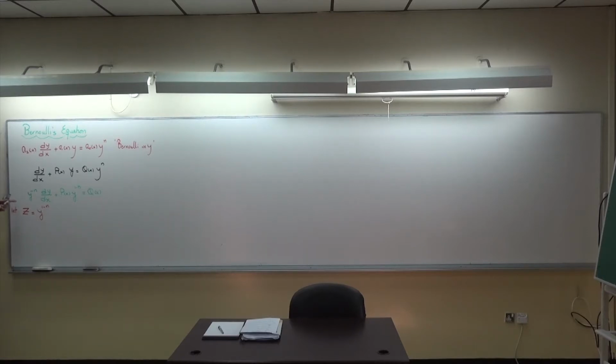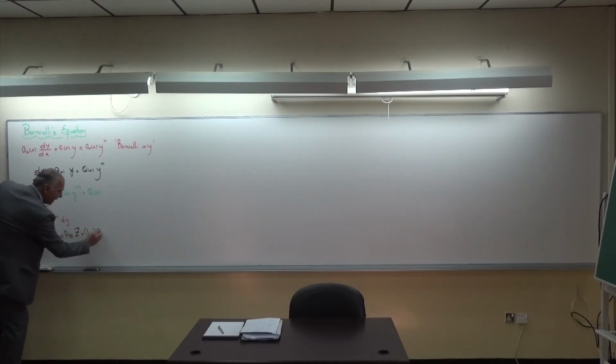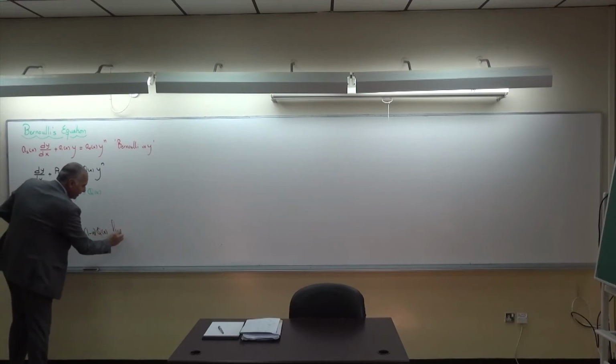Once you introduce a z, basically now you have three variables. You want to eliminate one, so you can easily see dz = (1-n) y^(-n) dy. We don't have a (1-n) in this equation, so if we multiply through by (1-n), the equation becomes dz/dx + (1-n) p(x) z = (1-n) q(x), which is linear in the new variable, which is called z.